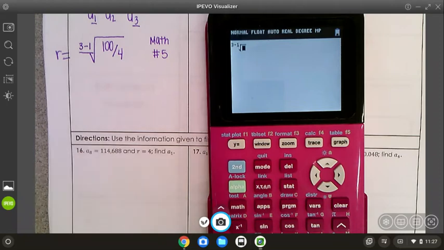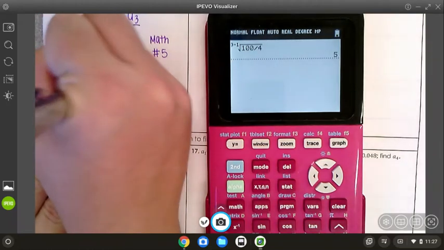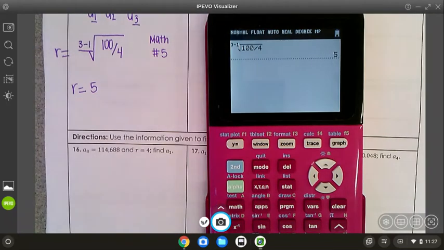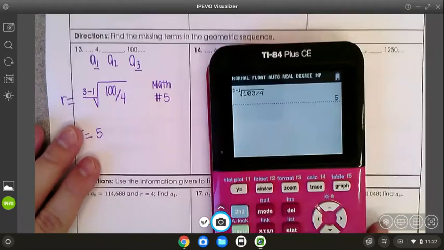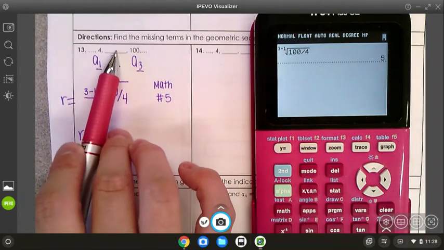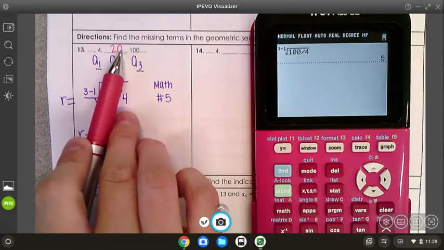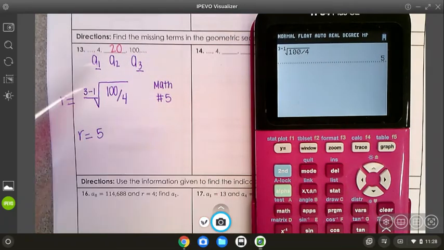And then under the radical, 100 divided by 4. And that tells me that my r is 5. So we're multiplying by 5 every time. So 4 times 5 is 20, times 5 is 100.